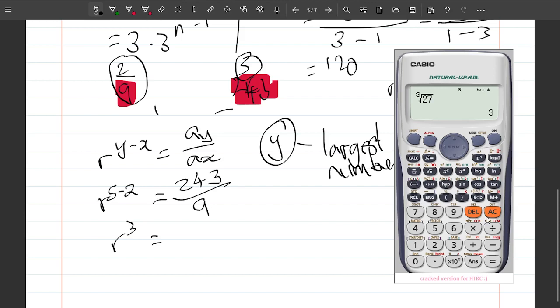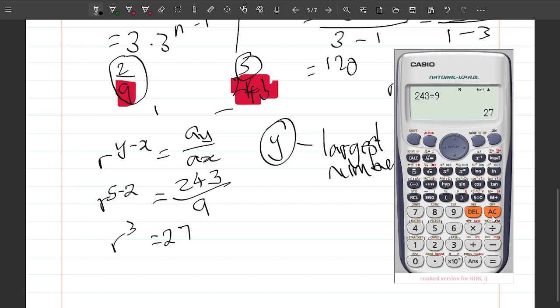Okay, so for this we've got 243 divided by 9, and we get 27. This is beginning to look a little familiar. We get a 27, and then we're going to cube root both sides. So if we cube root both sides, we're going to be doing the cube root of 27.